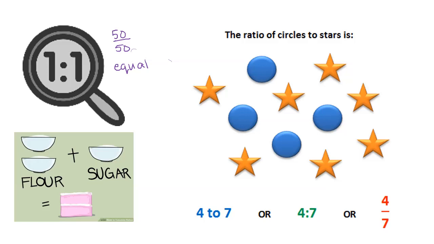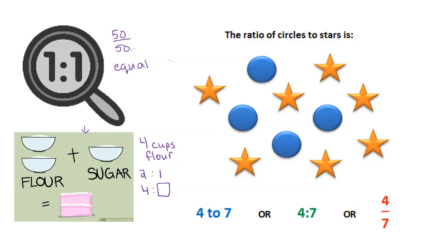Here is a real life example down here in the bottom. If you're going to make cake, maybe you would have 2 cups of flour for every 1 cup of sugar, and that's the ratio for your cake. So if you wanted to double your recipe, and I want to put in 4 cups of flour, how much sugar would I put in? Well, if I used to have 2 to 1, and now I have 4 to something.